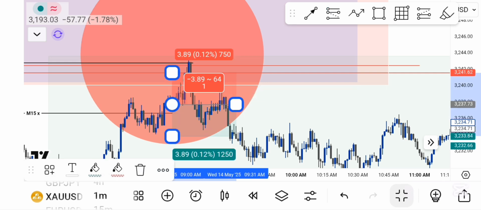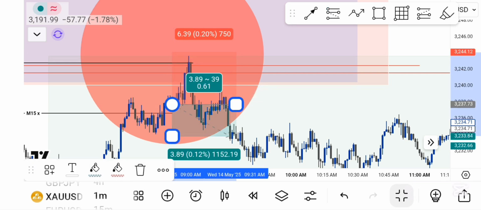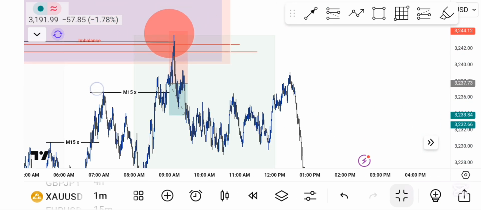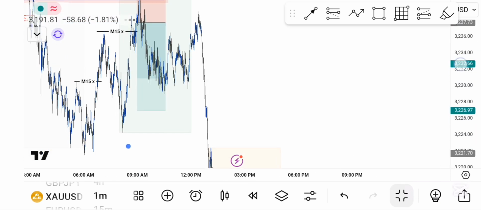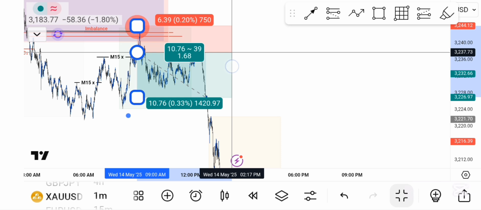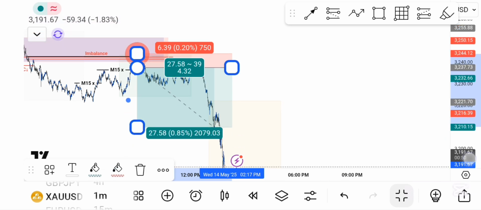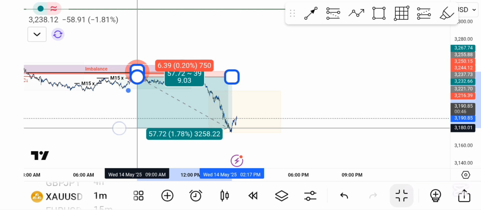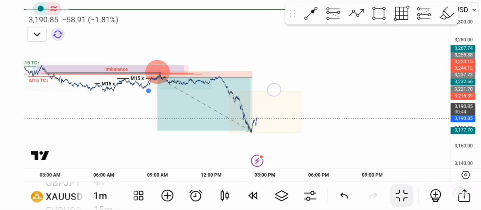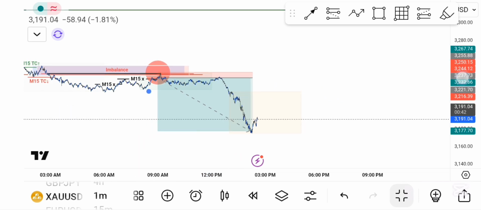That's my entry. Stop loss above, and TP for 1:2. We can see this played out nicely. It even ran for more than 1:2, around 1:9. You see, that's exactly how I trade supply and demand.